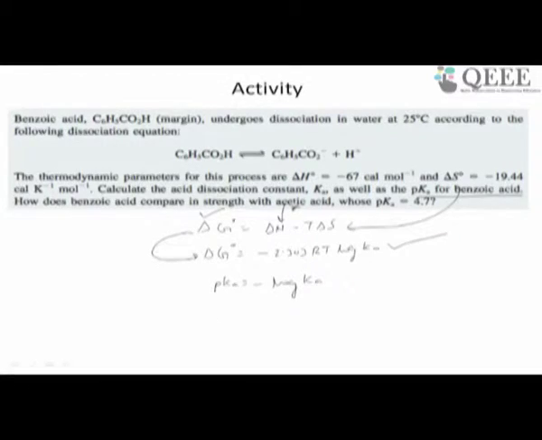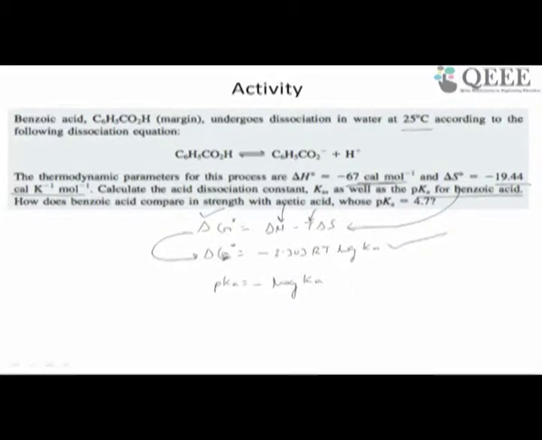All you need to do is a substitution, and you need to be a bit careful because the temperature here is given as 25 degrees. You basically need to convert it to Kelvin. That's one caution you need to take. Another caution is that entropy is given as calories per Kelvin per mole, so you need to first convert it to kilocalories, or you can just retain calories, because delta H is in calories.